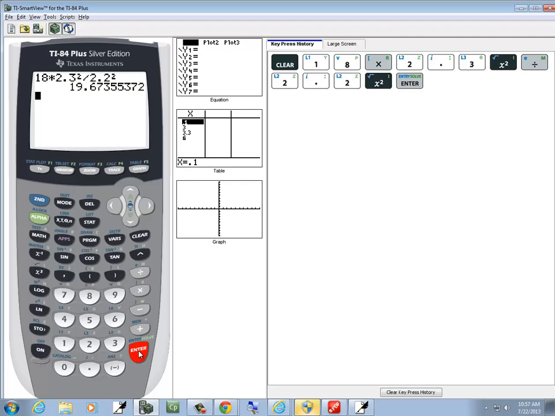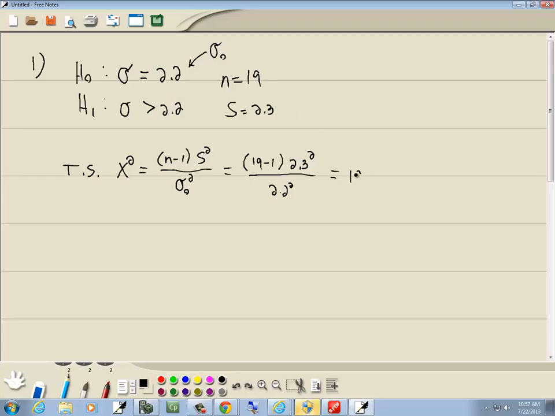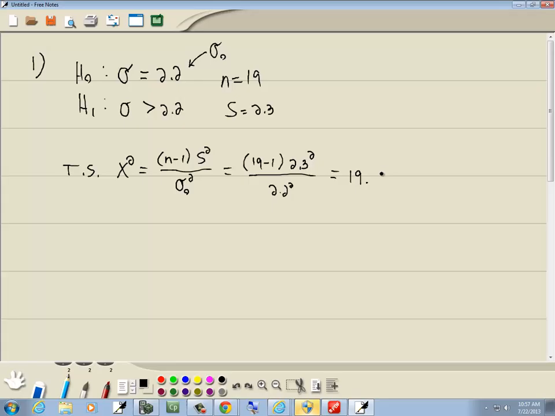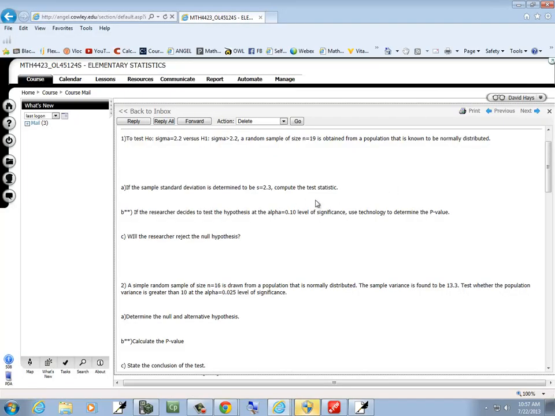Enter. And we get 19.674. Not sure how many decimal places the problem's asking for. It doesn't say right here.